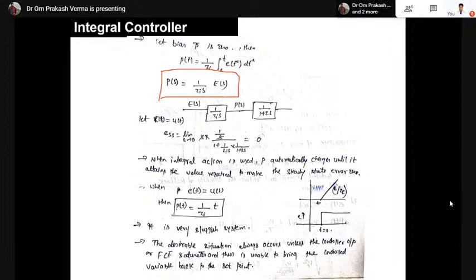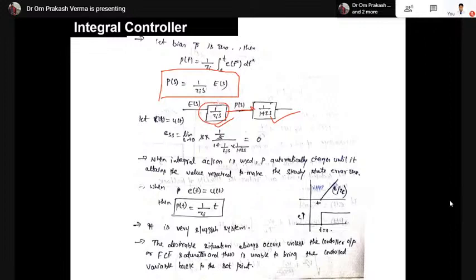Now, to find the steady state error of the system, we again take a first order system with the integral controller connected to the process system dynamics.